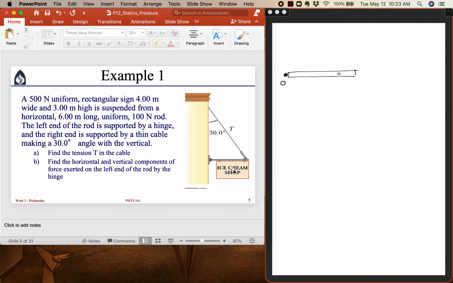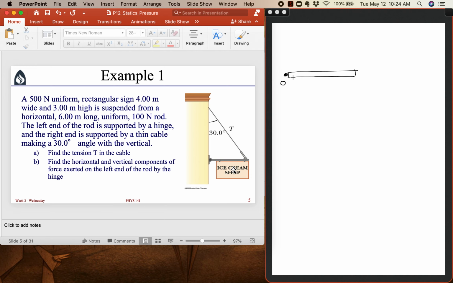One is that the rod, if it was allowed to pivot, would pivot about this hinge, but also initially I want to find the tension force of the cable, and I don't know anything about the forces exerted by the hinge yet. And so if I put the origin there, my moment arm for the hinge forces will be 0, and they won't appear when I sum the torques, which, as we'll see, will be convenient for this problem.